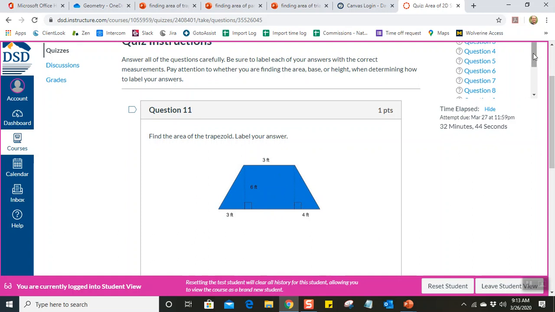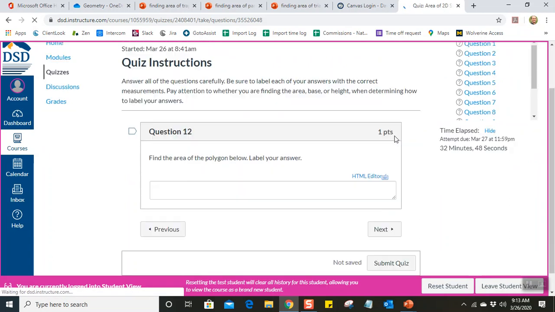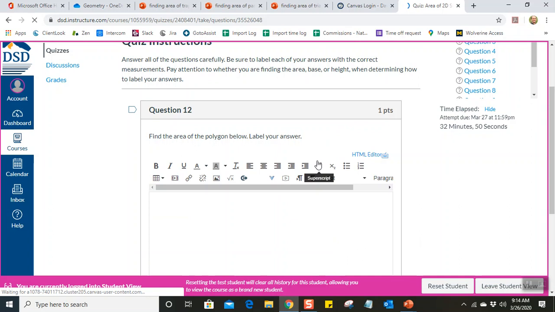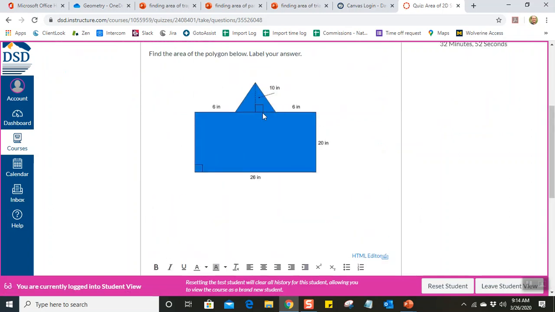Okay, question 12. Find the area of the polygon. Okay, so this one, we need to find the area of the rectangle. Super easy. Base times height. Then we need to find the area of the triangle. The tricky part here is I don't know what this is, but I can figure that out. If this entire thing is 26, and this part is 6, and this part is 6, so 6 plus 6 is 12.